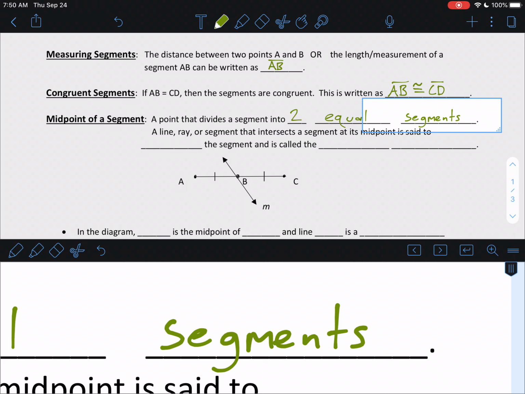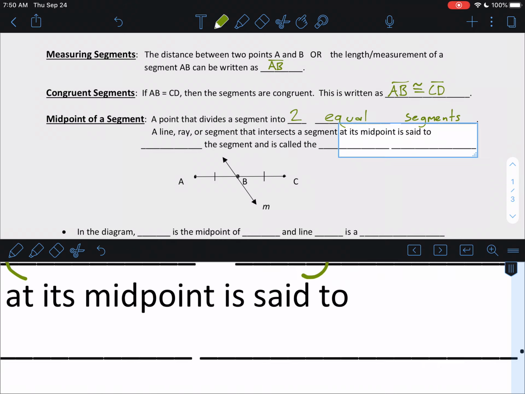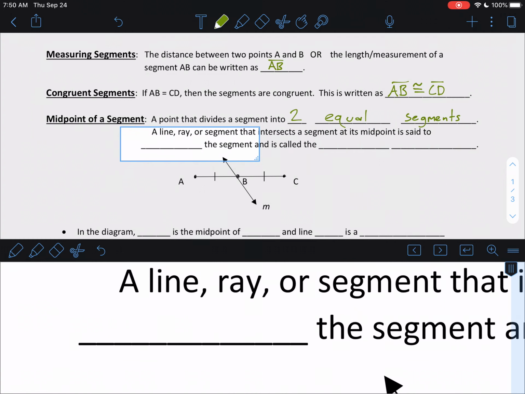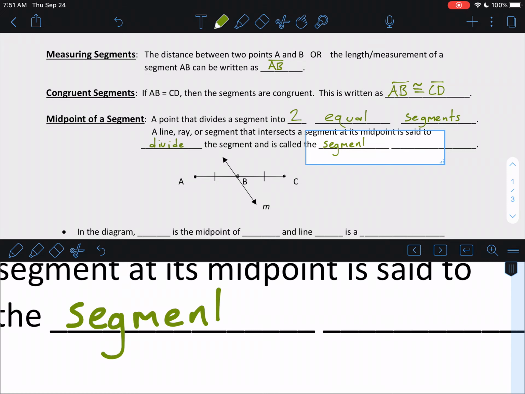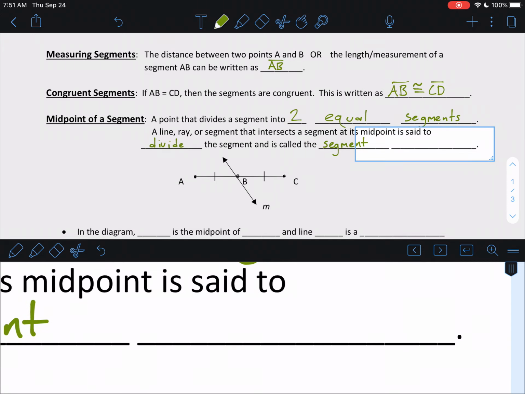So a line, ray, or a segment that intersects a segment at its midpoint is said to divide the segment and is called the segment bisector. And I believe we've seen this vocab term before.